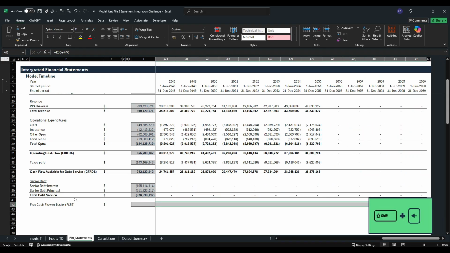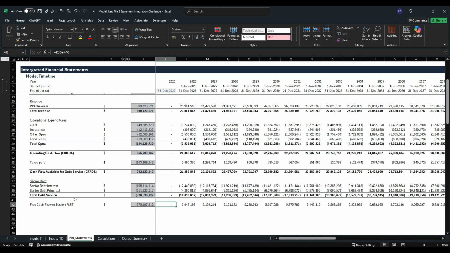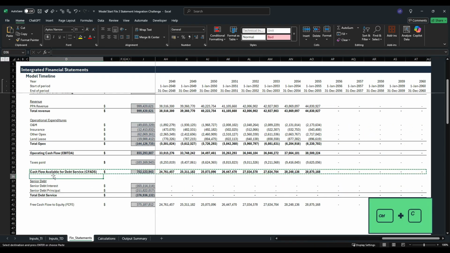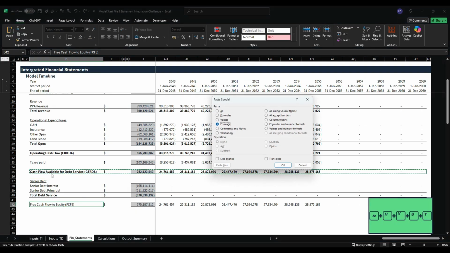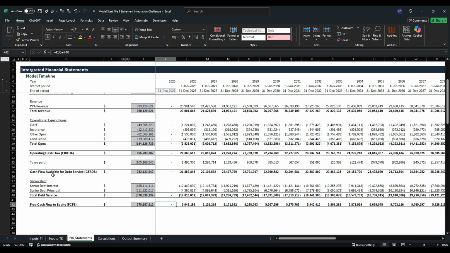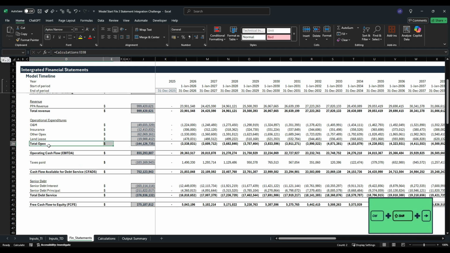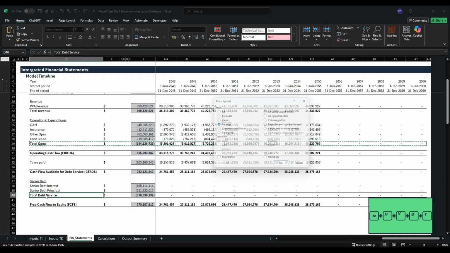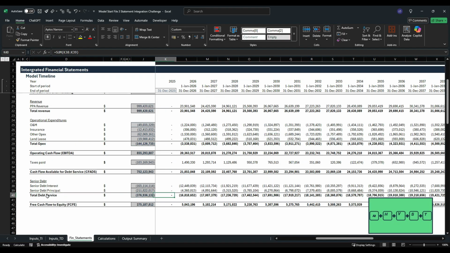Drag this over, Control R, and let's pick up the style from our CFATs. Alt-HVST, enter. Let's actually change the style of our total debt service to the same one as our total OPEX. Pick up this. This looks a little cleaner. Great.